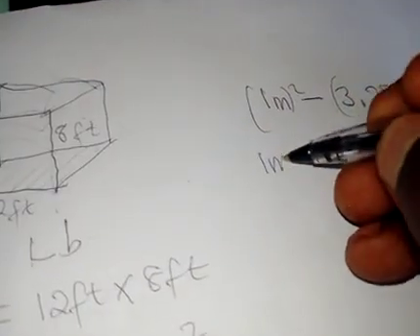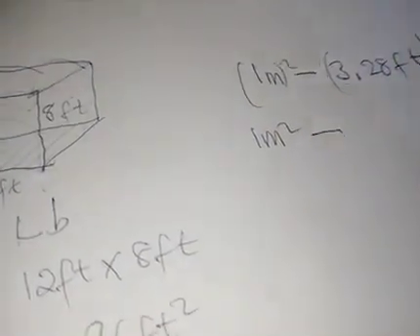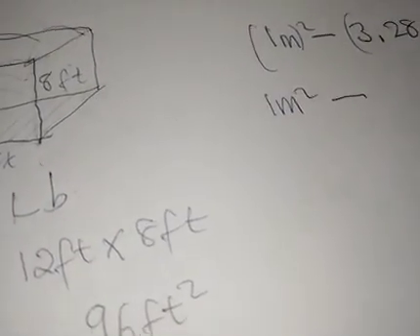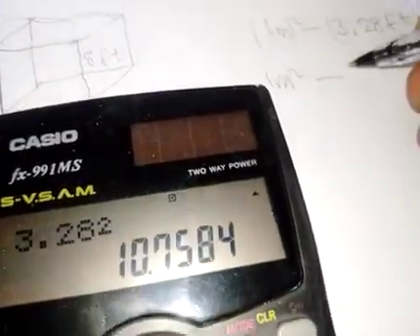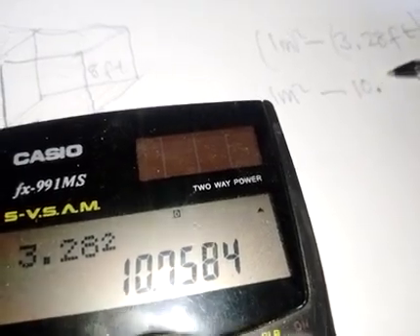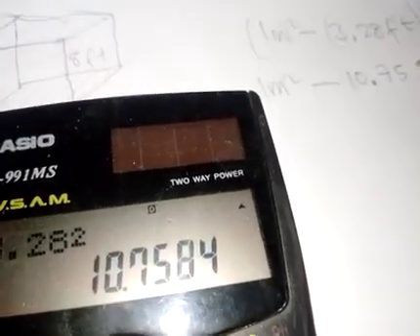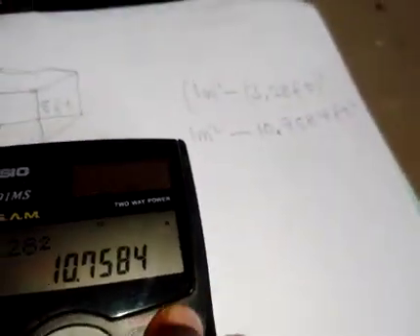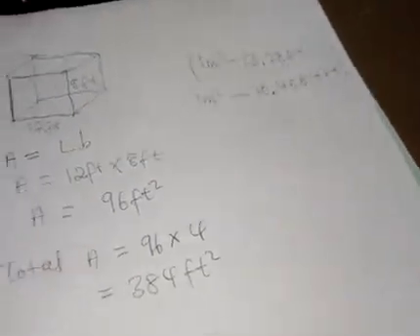So we have 1 meter squared, which will give us 3.28 squared, and that's 10.7584 feet squared. So that's our new conversion factor for area.